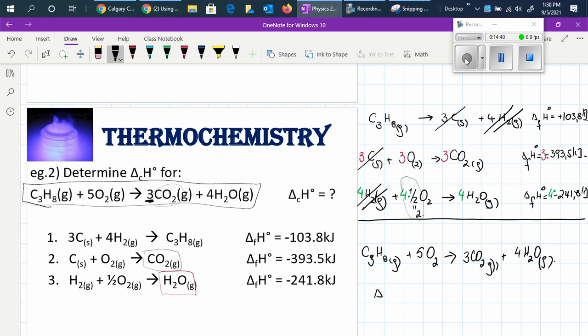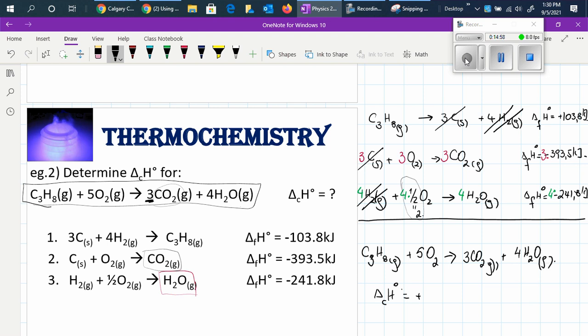Now the enthalpy of combustion of the reaction will be whatever is the change of enthalpy from the first equation, second equation, and third equation.